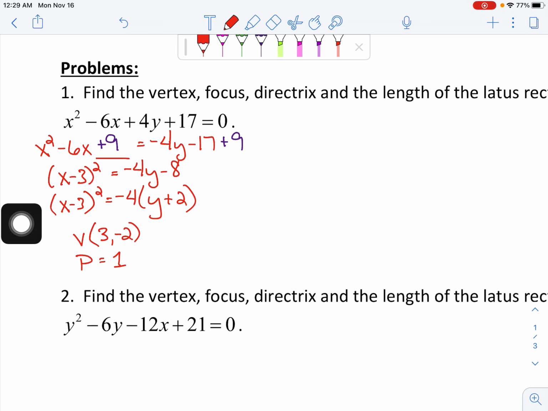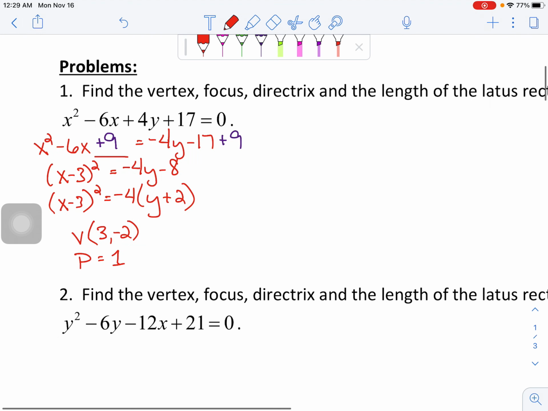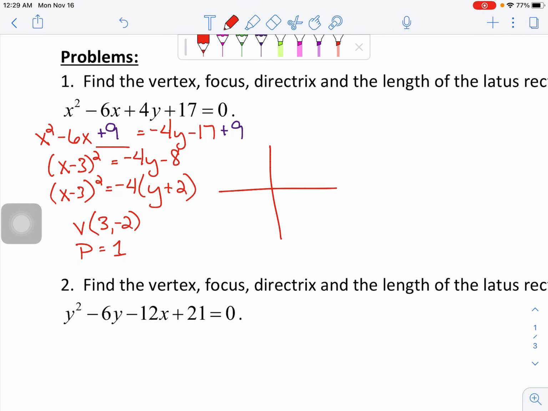Now, I'm a visual person, so for me, knowing this vertex and this focal distance is great. But if I need to find the actual focus point and the directrix, I need to see it. So I'm going to take just a quick second and graph this thing, or at least sketch a graph. So I know my vertex is 3, negative 2.